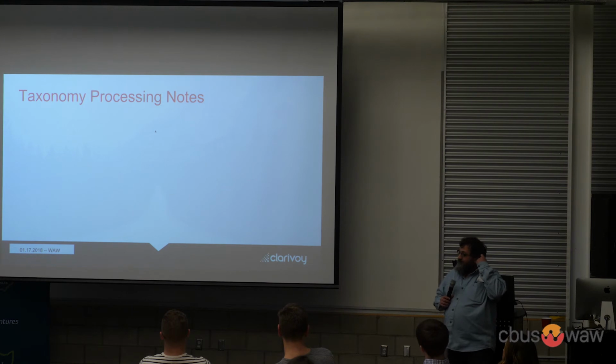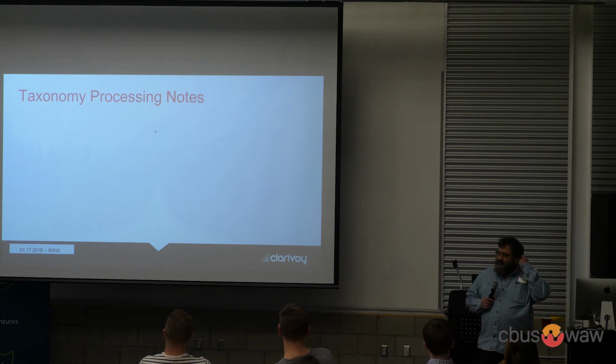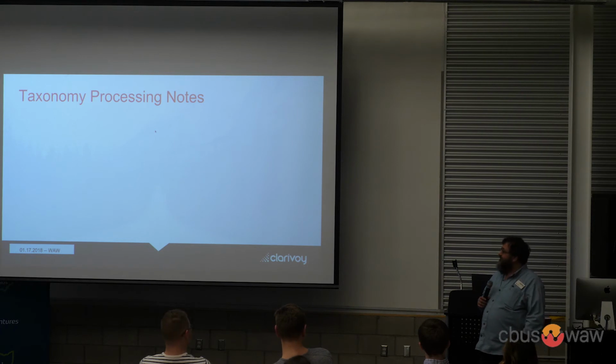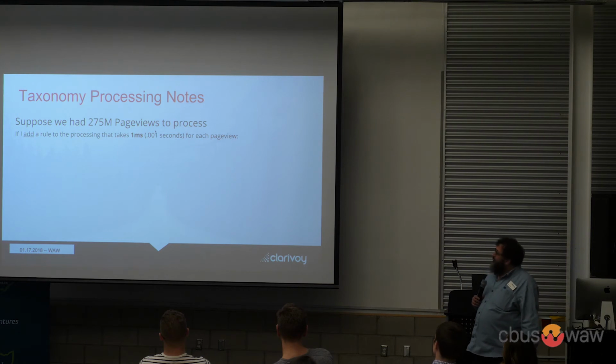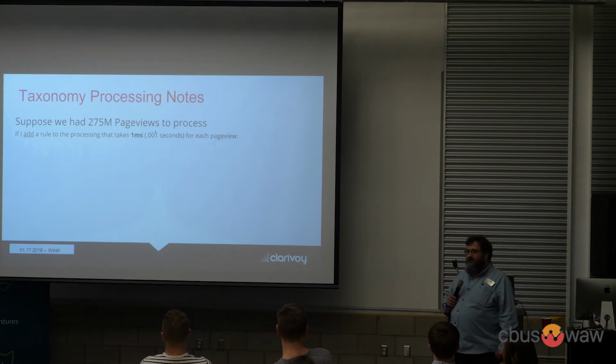So taxonomy processing is really interesting. You go, well, it's not too hard. You just make up some rules and apply them, and it really isn't. But imagine we had 275 million page views to process, and that's about what Clarivoy is doing every month now. So if I had a rule that I needed to add to the processing, that takes about a millisecond per page view to process.